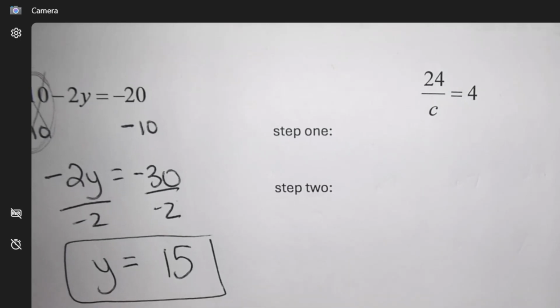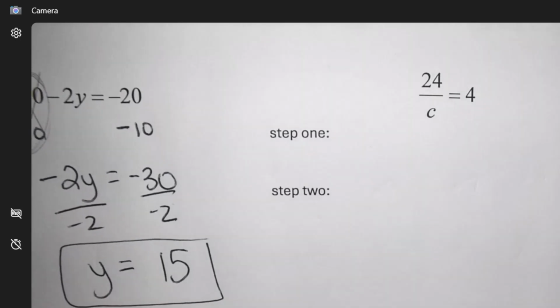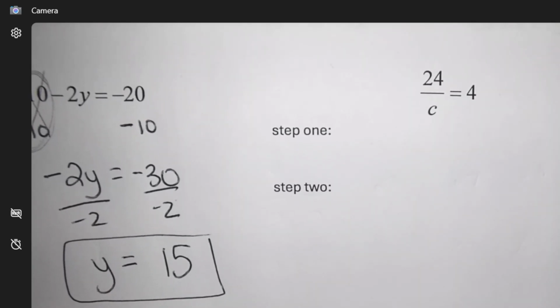You can't solve for a variable on the bottom. Does anybody have any thoughts about how to get rid of it being on the bottom, that problem? Or you switch around the 4 and the C. That's good. So switching the 4 and the C, what was he actually doing in that process?